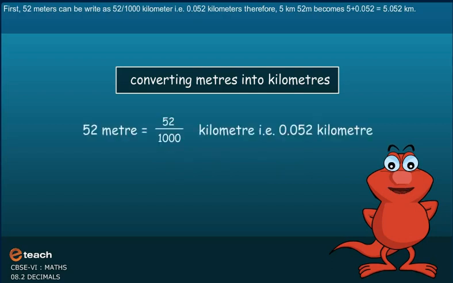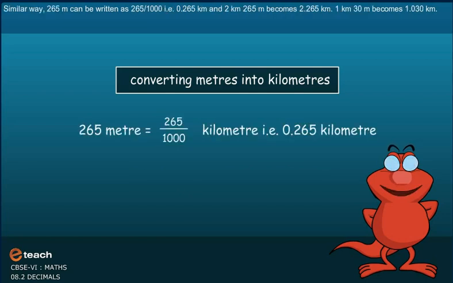First, 52 meters can be written as 52 by 1000 kilometer, that is 0.052 kilometers. Therefore, 5 kilometer 52 meter becomes 5 plus 0.052, which is equal to 5.052 kilometer.